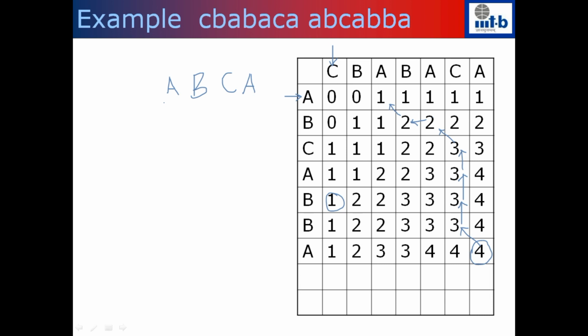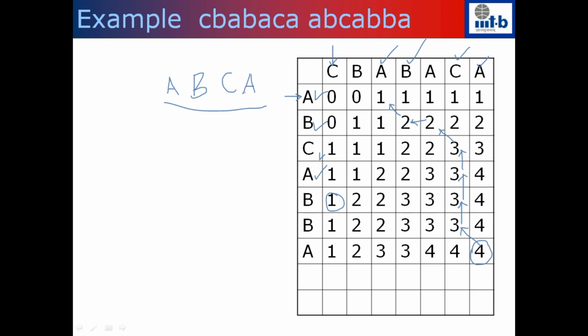So from this backtracking, we figure out that ABCA is the LCS, the longest common subsequence of the given two strings. We can easily verify that ABCA is a subsequence of both the strings. We have A here, B here, C here, and A here, and we have A here, B here, C here, and A here.